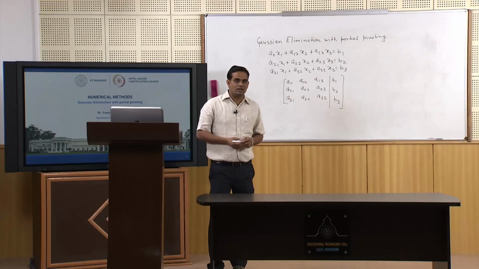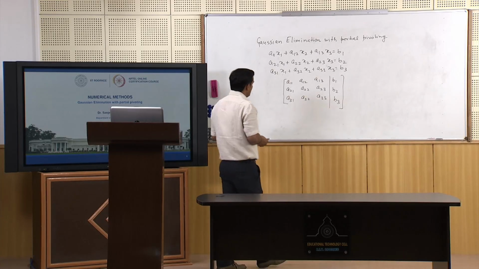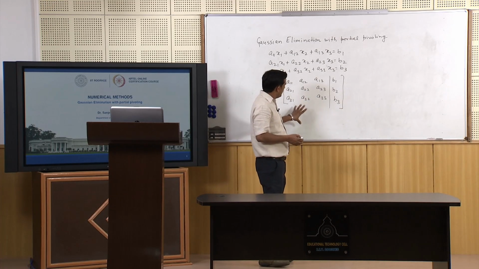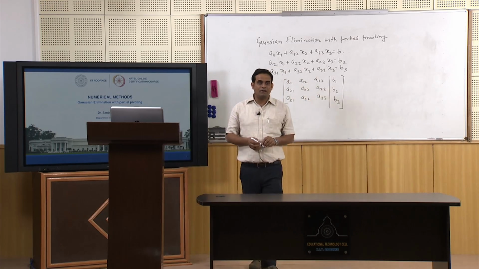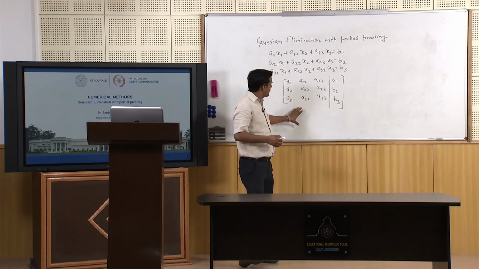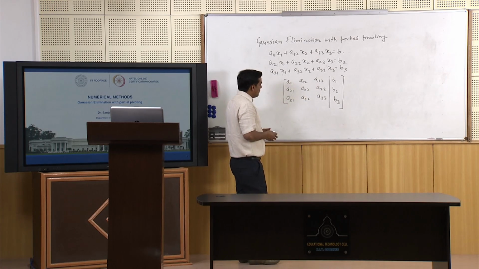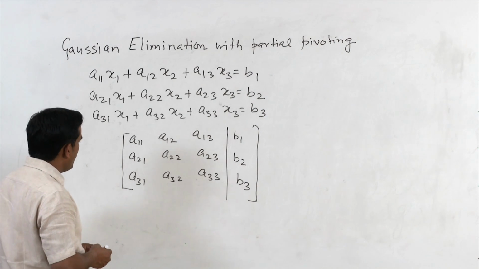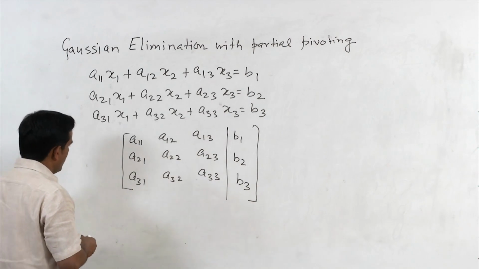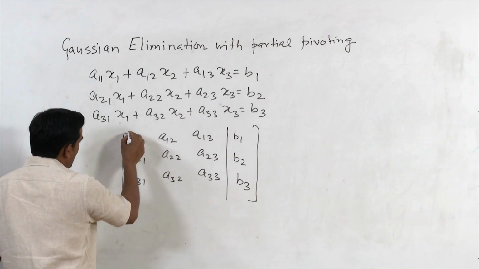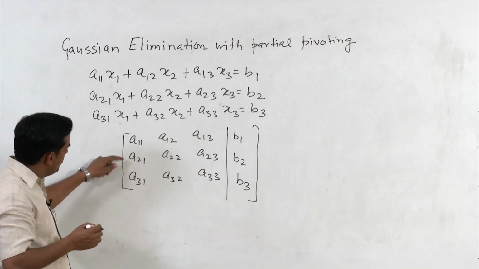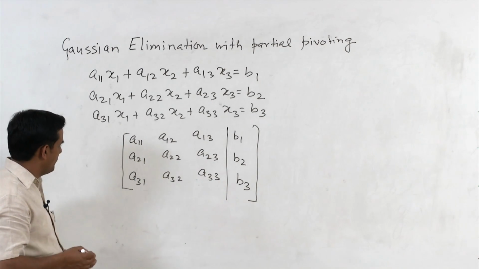In Gaussian elimination we perform elementary row operations on this matrix in such a way that this matrix is reduced into row echelon form. In Gaussian elimination with partial pivoting, first of all we will search for the element having maximum absolute value in the first column.